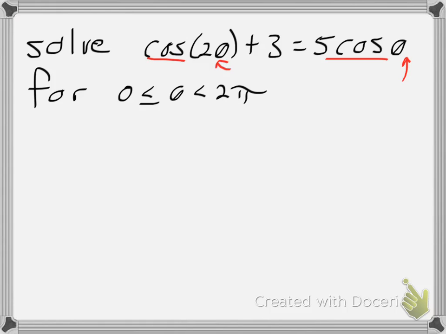So I'm going to use one of my identities. I want to find an appropriate identity that brings cosine of 2 theta into cosine of just theta. Using one of my double angle theorems, I know that cosine of 2 theta is equal to 2 cosine squared of theta minus 1.